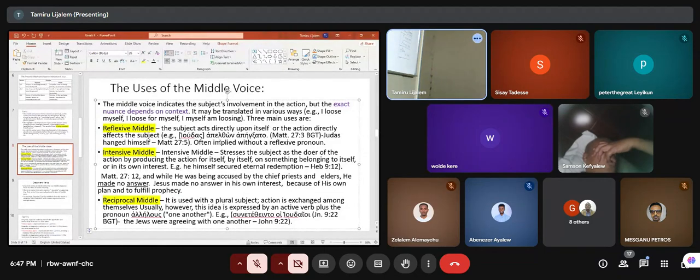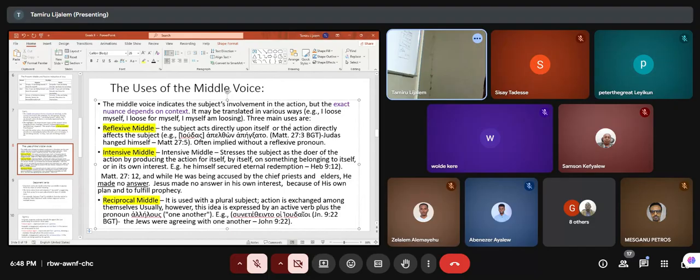Judas apelthon apanglasto. Judas hanged himself. That means reflexive. The action directly affects Judas. So Judas hanged himself is a reflexive middle.